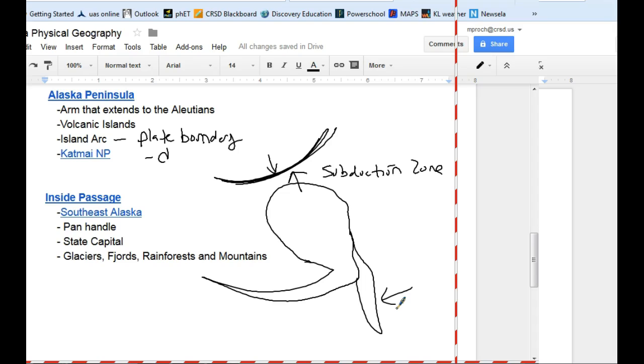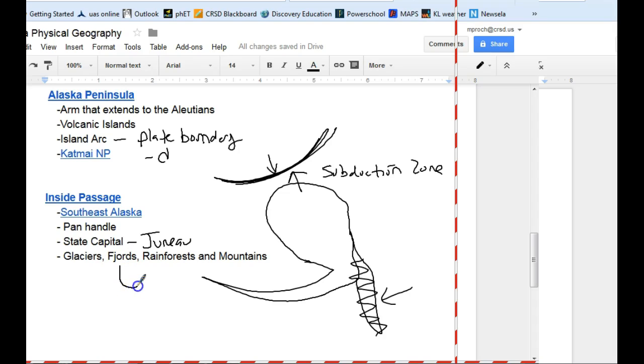But this panhandle, this is Southeast Alaska. Find the state capital there, Juneau, and it's really dotted by very breathtaking and unique scenery with glaciers, fjords, rainforests, and mountains. Just the same mountains that we have here extend all the way down into the southeast.